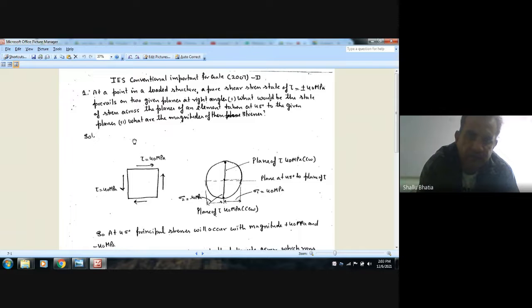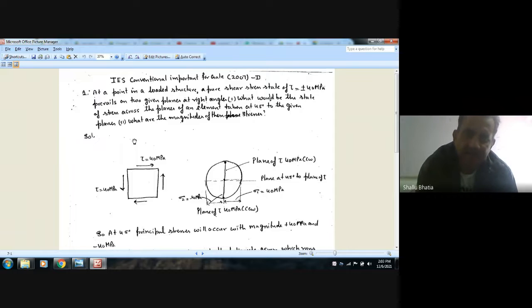What would be the state of stress across the planes of an element taken at 45 degrees to the given planes? Second part: what is the magnitude of these stresses?